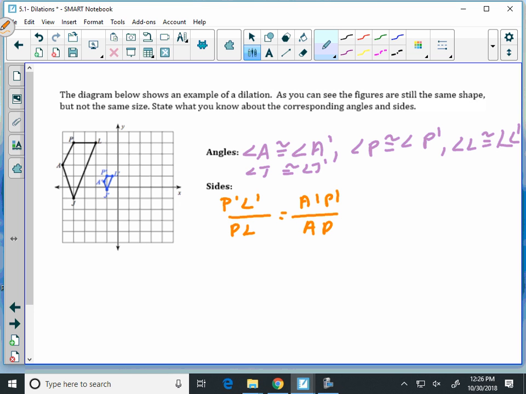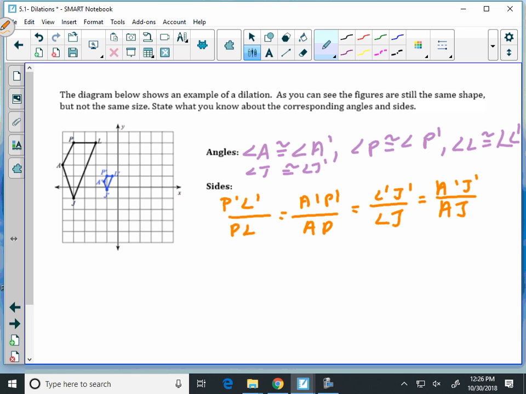Those two fractions will also be the same as L prime J prime over LJ. All three of those fractions will be the same after you simplify. And then A prime J prime over AJ, all four of those fractions will be the same.